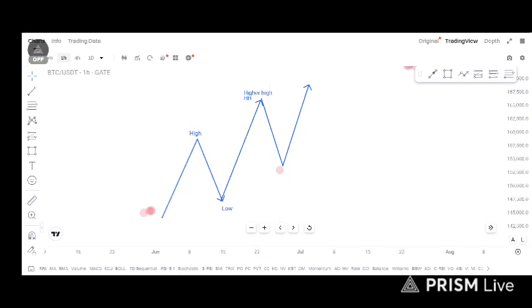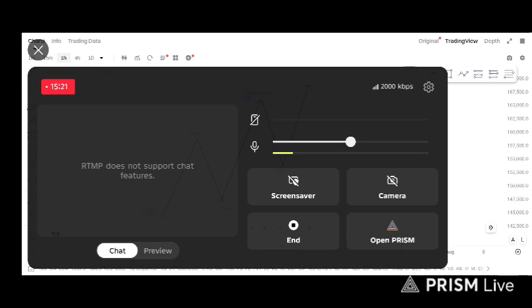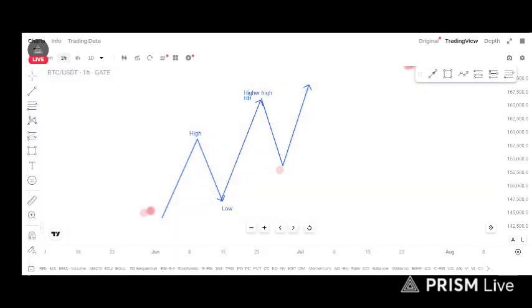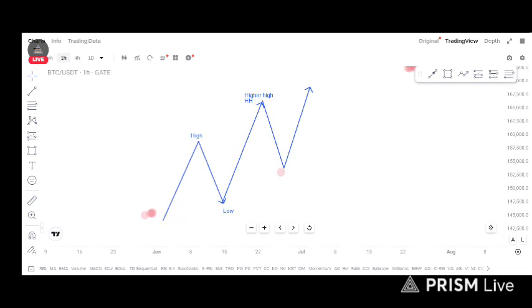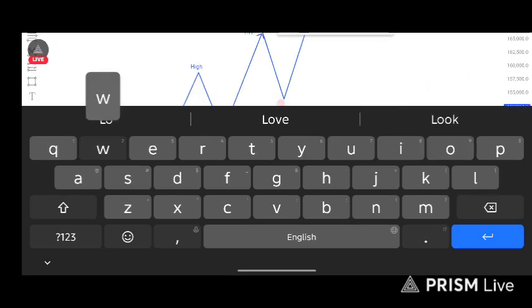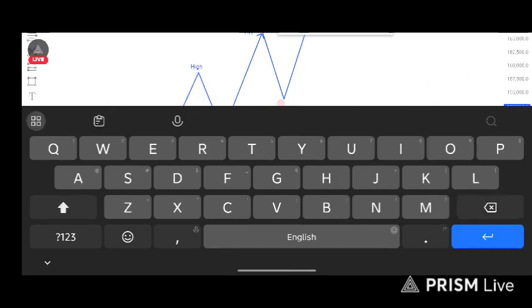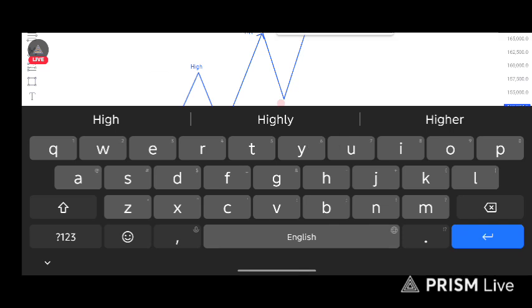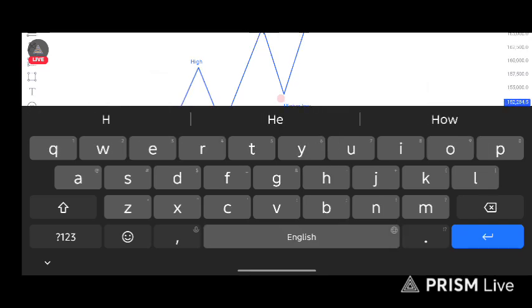Now we annotate this. This is what we call a higher low, and we use HL to denote the higher low.